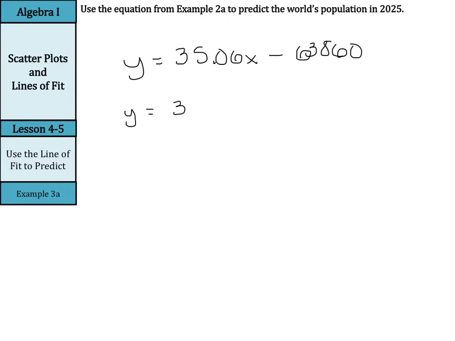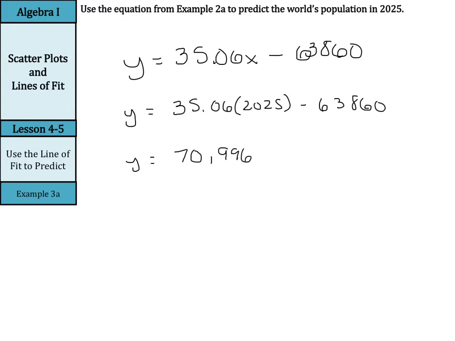So y is going to equal 35.06 times 2025, since our x were our years, minus 63,860. So y is going to equal 7,996.5 minus 63,860. And so y is going to equal 7,136.5. Now remember, this is in millions.